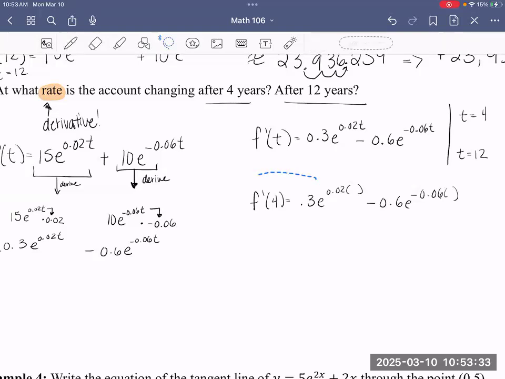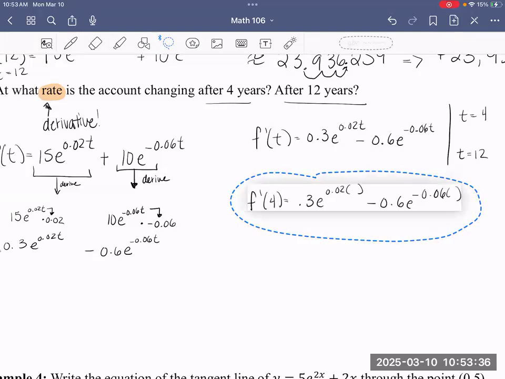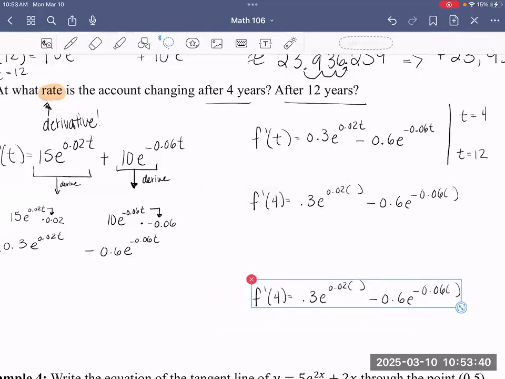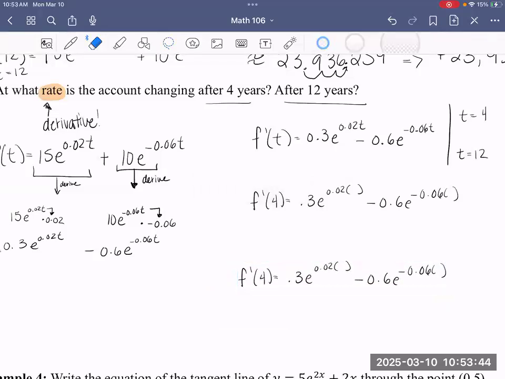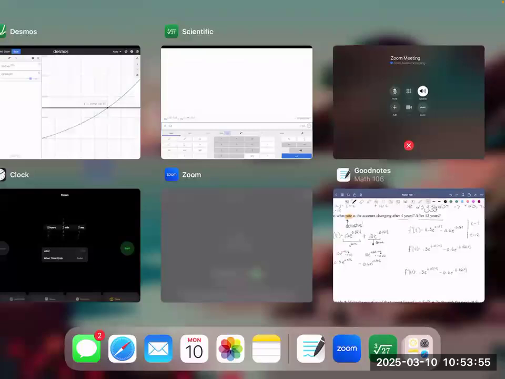And you'll notice I'm leaving a gap. That's because I'm just going to copy and paste. Again for 12. And let's go ahead and punch that value in.